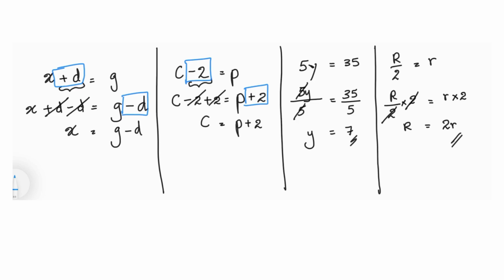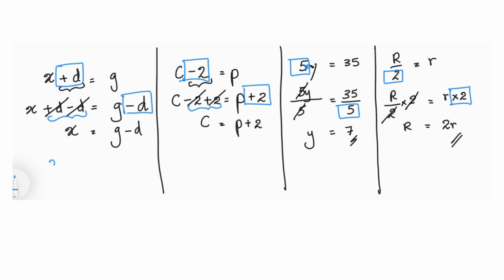If y is being multiplied by 5, what do you do here? You divide the other side of the equation. If you have a division over here, if you want to get rid of that 2, what do you do? You multiply it. So you can clearly see that as you get practice, there's no need to write this step.